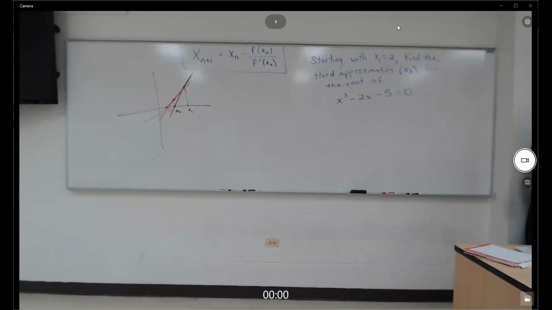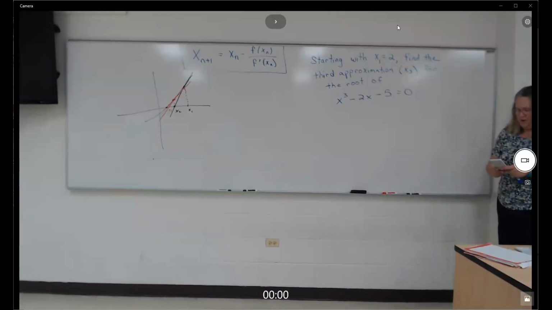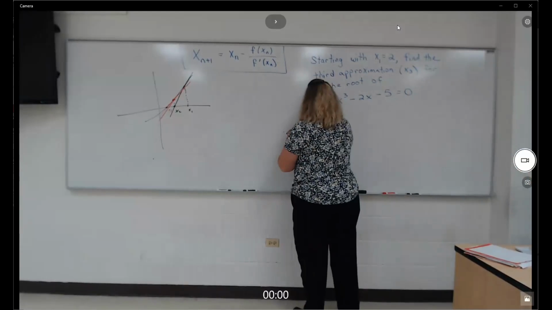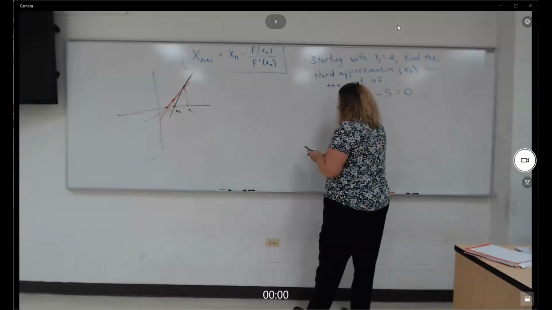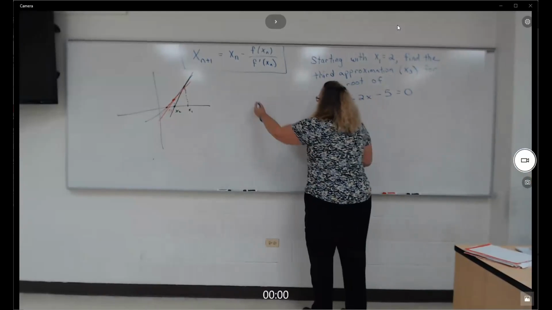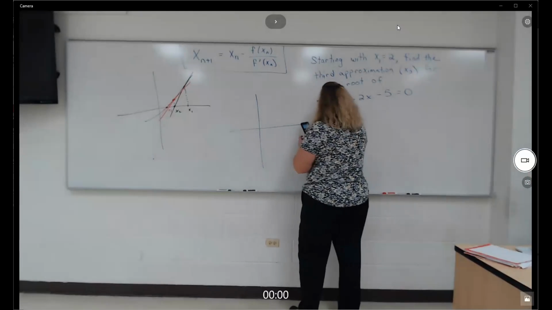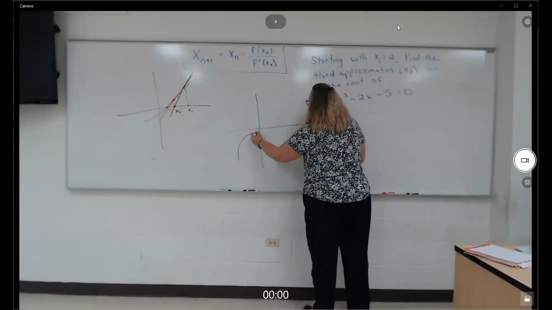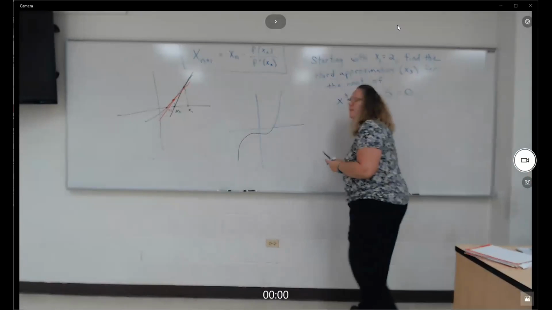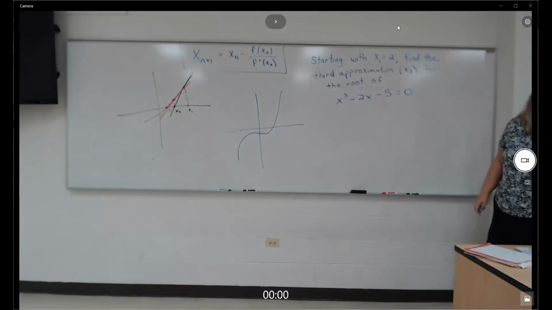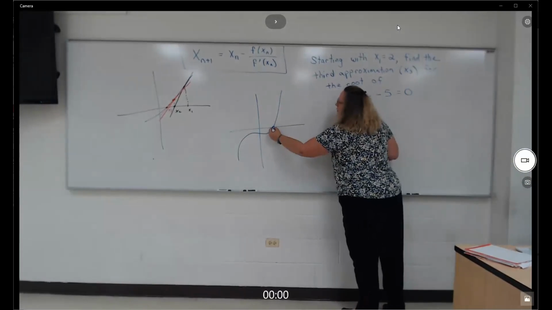Let me just graph it: x to the third minus 2x minus 5. This graph does something like this. It curves like this and then crosses here. So I'm trying to find this root right here.